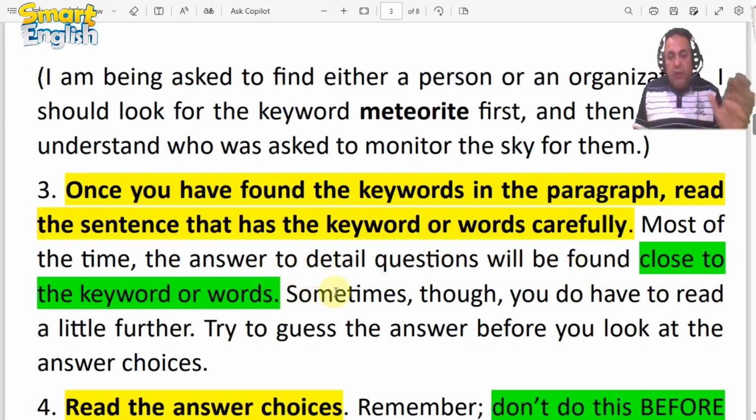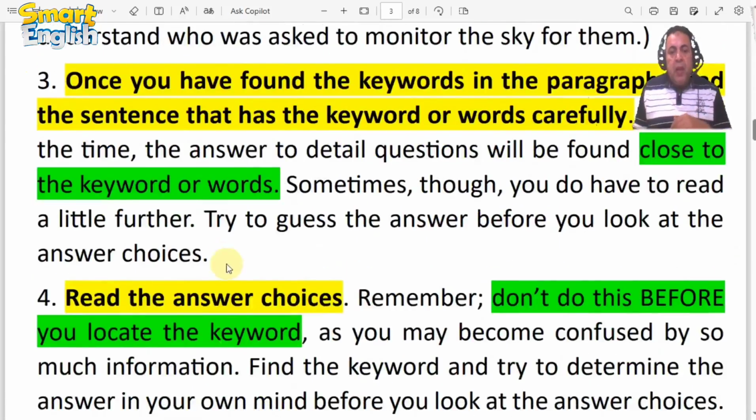It is a common thing. Sometimes, though, you do have to read a little further. No problem if you have to read more to find your answer, okay? Or you have to read what comes before the keywords you find in the text to get a whole picture of the conclusion or the detailed information in the passage.